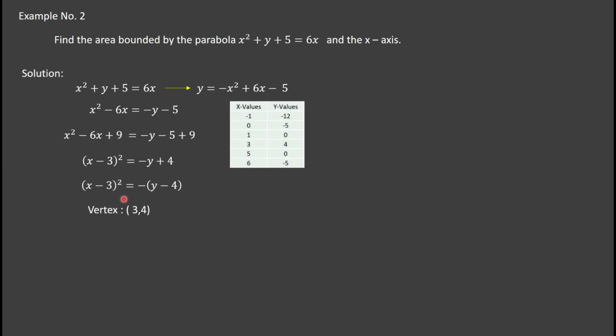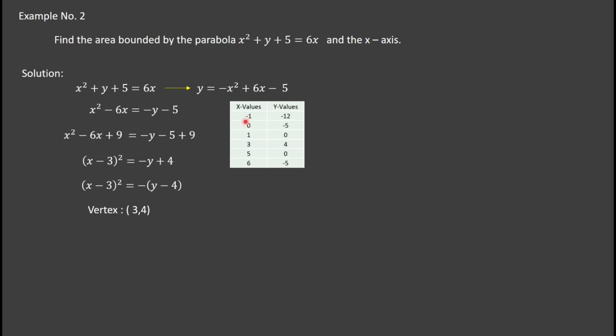Next, we assume values for x and get the y values. These are the values of x that I assumed, and through this equation we get the corresponding values of y.